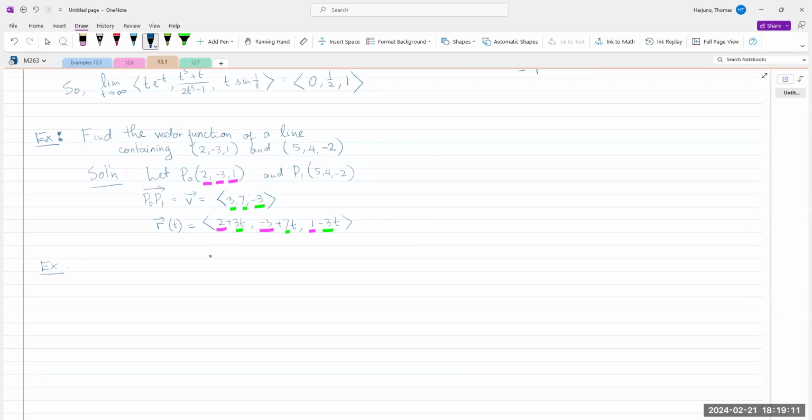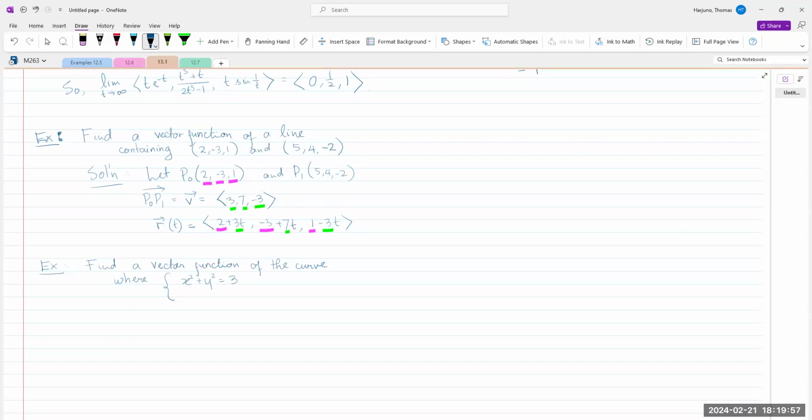Okay, find a vector function of the curve where x squared plus y squared equals 3.